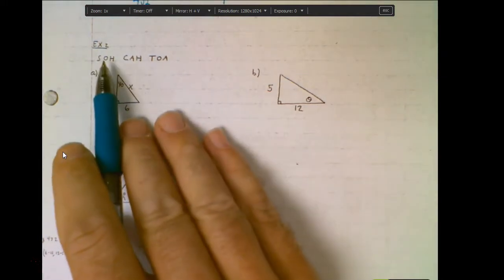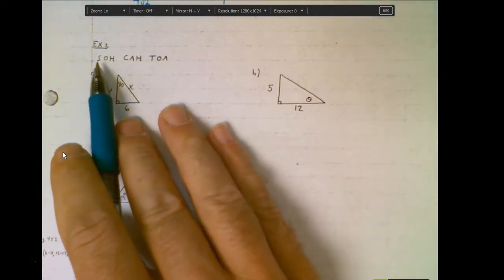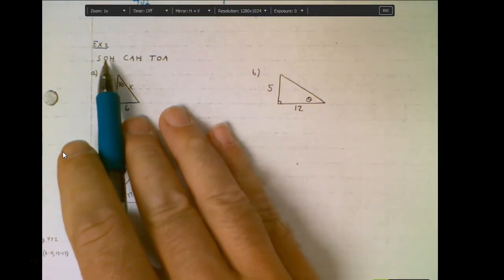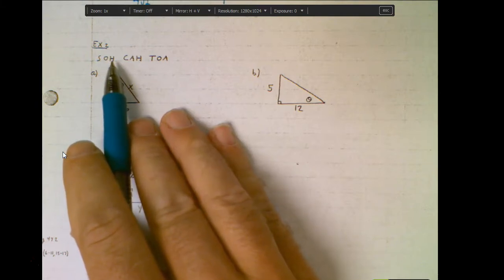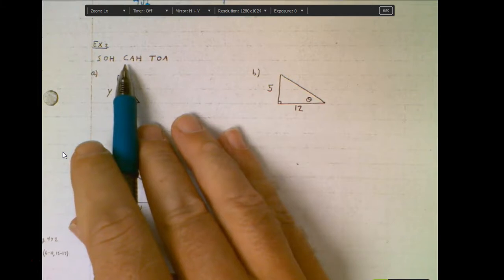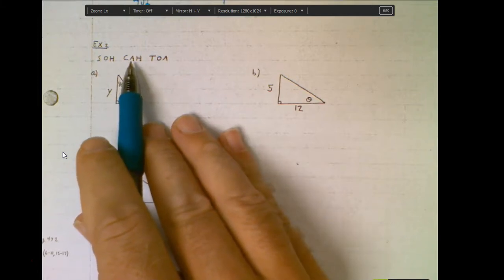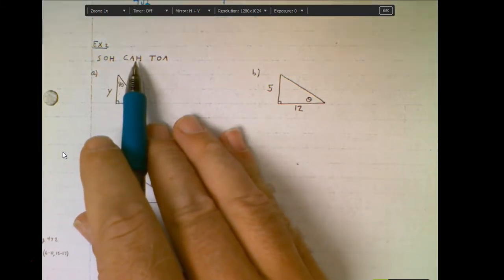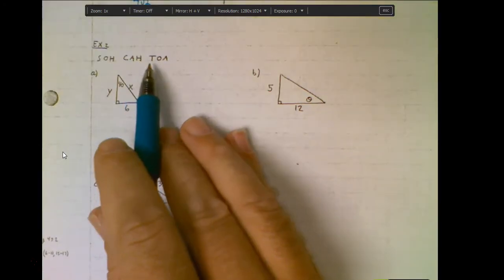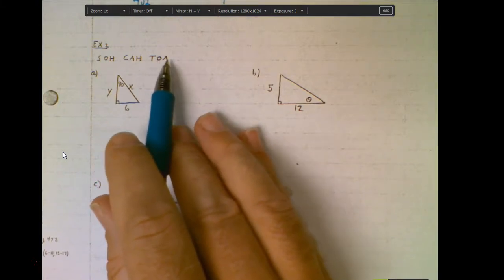So based on that, we know that the sine of an angle is equal to the opposite leg over the hypotenuse. We know that the cosine of any angle is equal to the adjacent leg over the hypotenuse. And we know that the tangent of any angle is equal to the opposite leg over the adjacent leg.